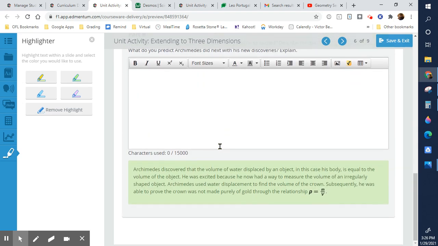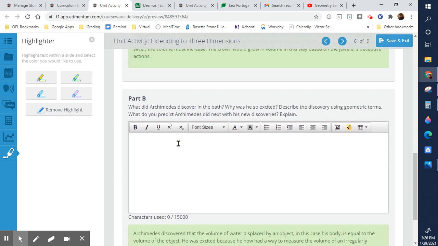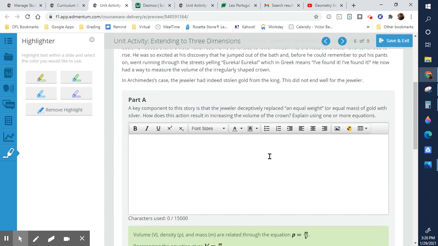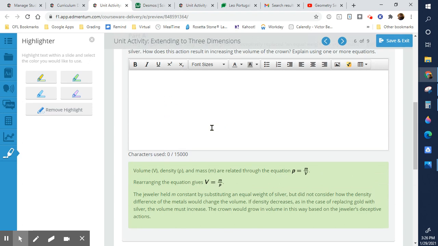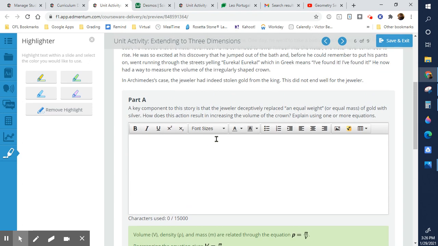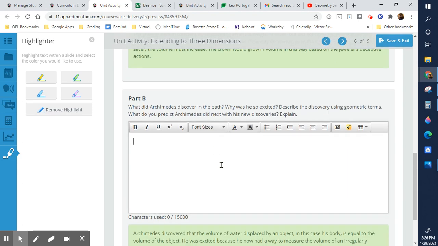Those are concepts and ideas you should be writing about, and explain yourself using your own words. Like I mentioned before, this is a graded assignment. Don't just copy the answers. Use your own words and talk about it, read it, and explain.